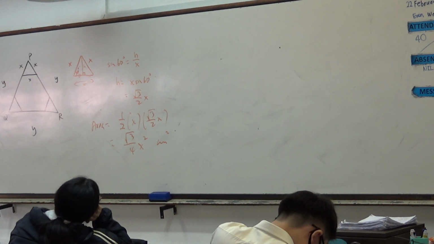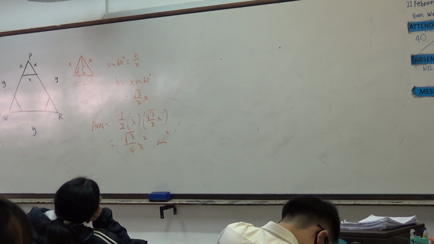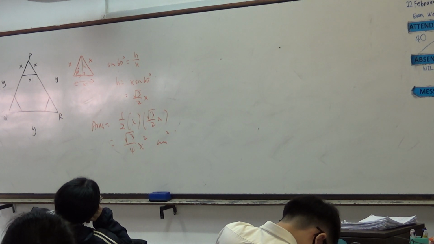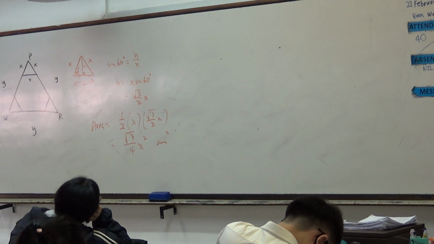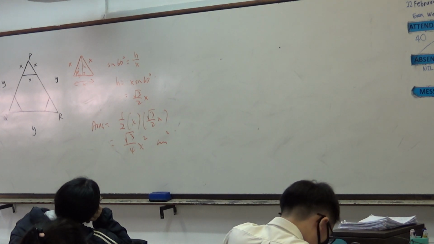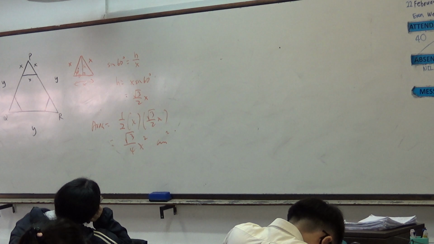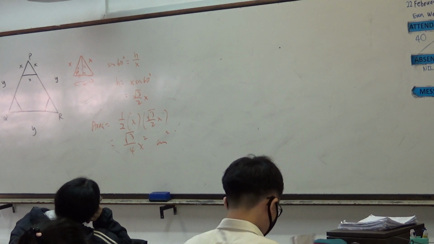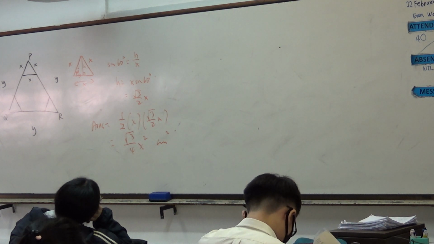Next. Given that the perimeter of the remaining shape UVWXYZ is 18 cm, show that the area A cm squared of the same shape is given by this. What are they talking about right now?